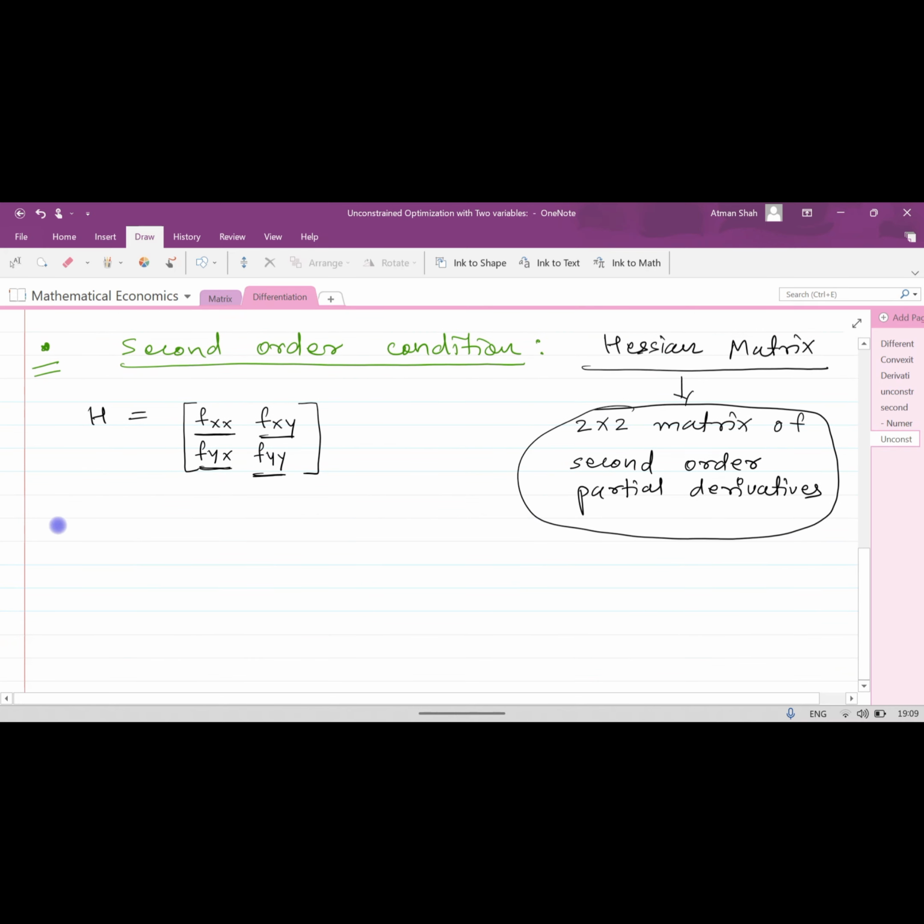So what is the value of the determinant of this matrix? The determinant of H is fxx into fyy minus fxy into fyx.